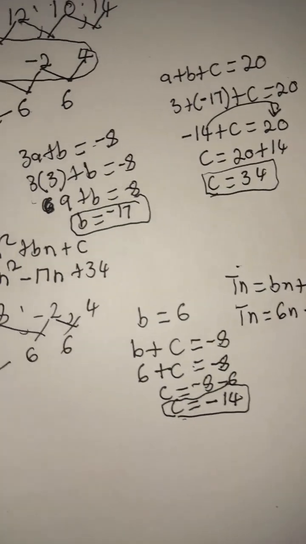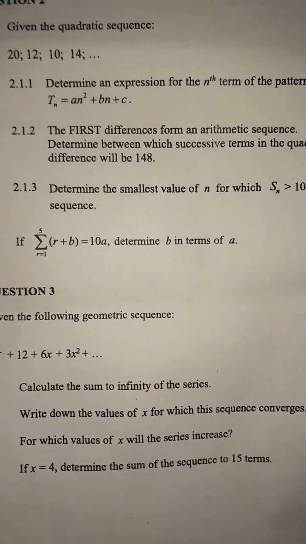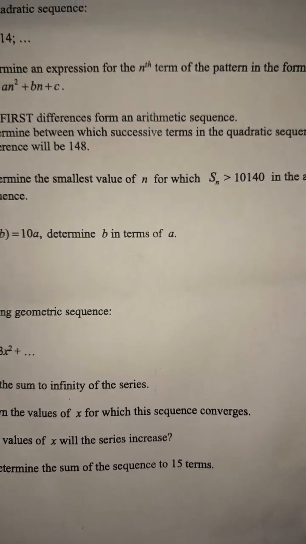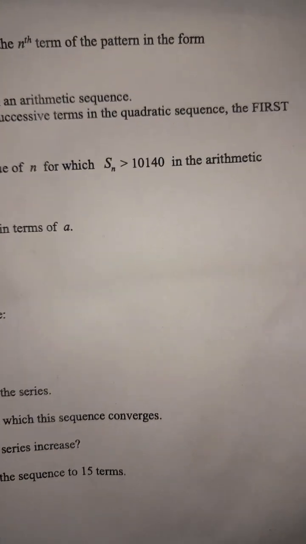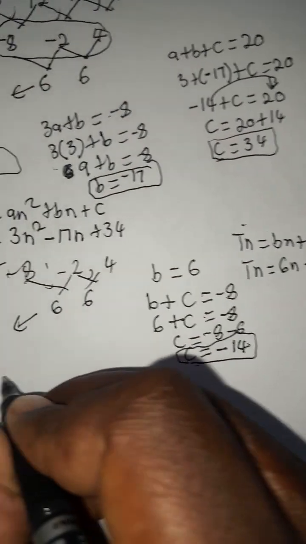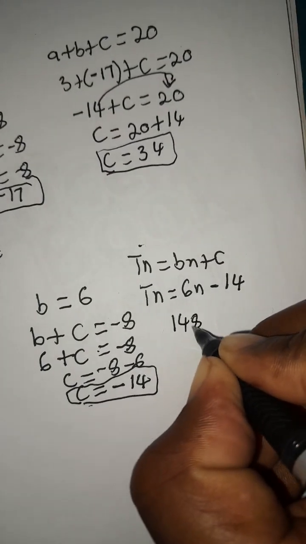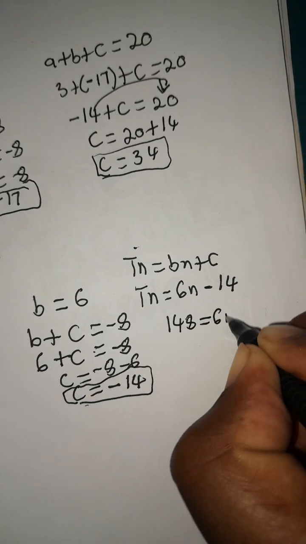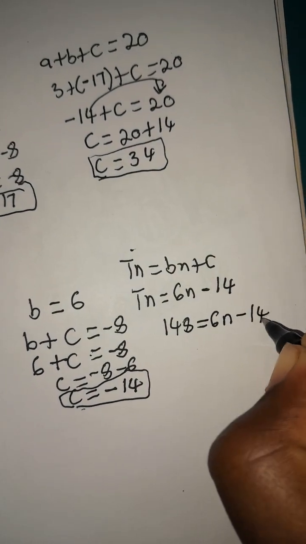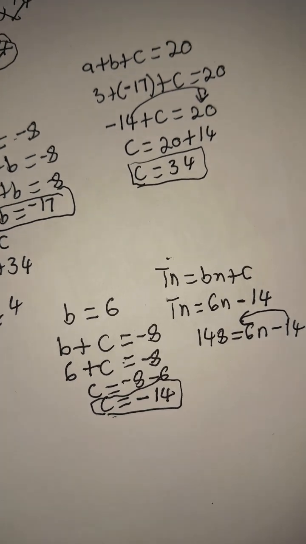Remember that the question says we need to determine which successive terms in this quadratic sequence have a first difference of 148. So where there is Tn, we replace it by 148 so that we are able to calculate the value of n. We will take negative 14 to the other side. What is 148 plus 14?